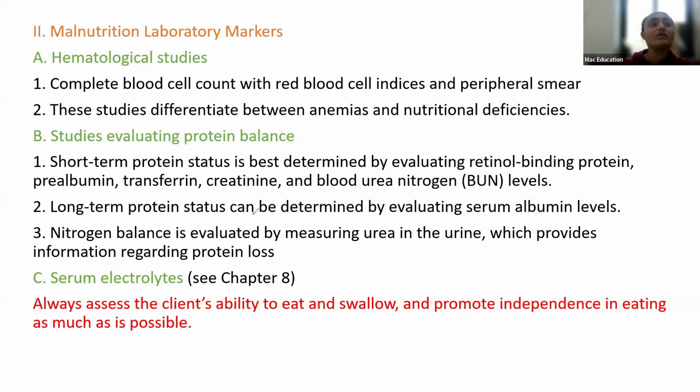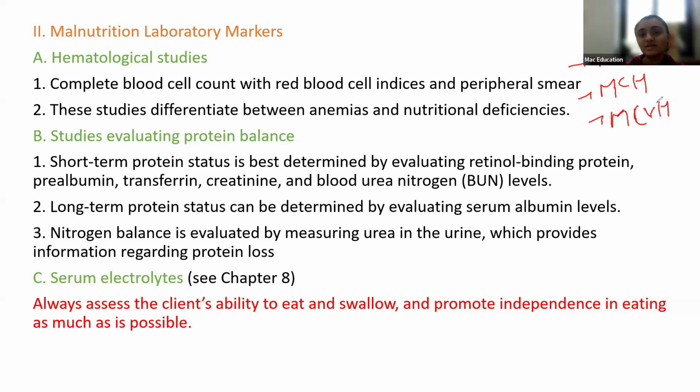If you have ever seen a blood report, you will have found MCV, MCH, MCHC.